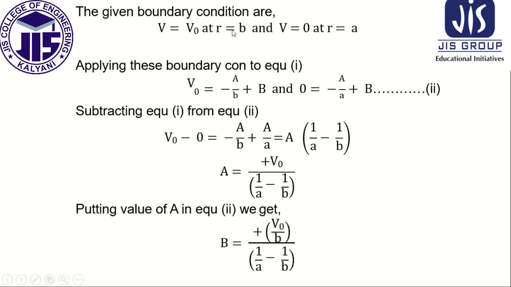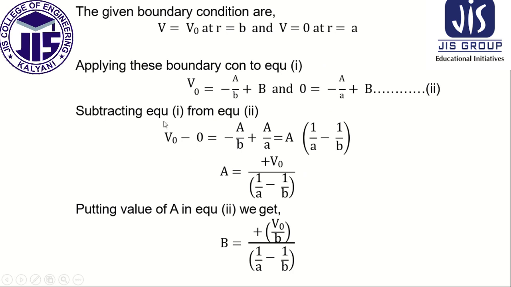At r equals b, V equals V0, and at r equals a, V equals 0. When we apply these boundary conditions in the last equation, we get two equations: V0 equals minus A by b plus B, and 0 equals minus A by a plus B. By solving these two equations we get A equals V0 over (1 by a minus 1 by b).